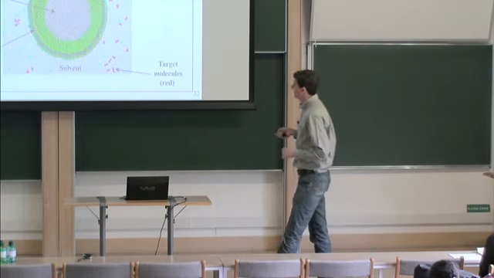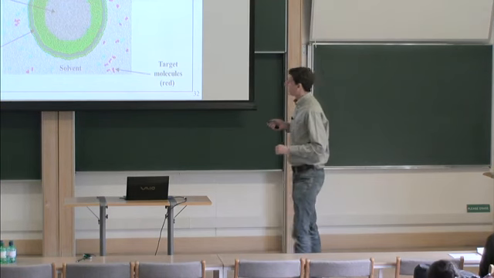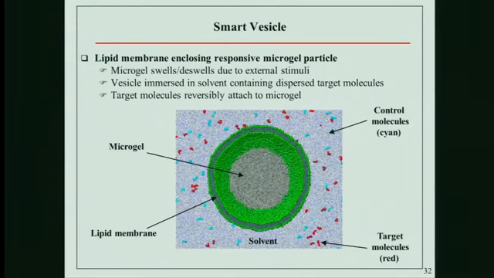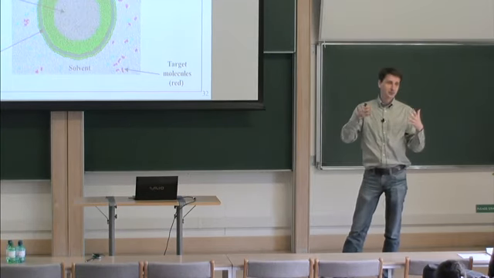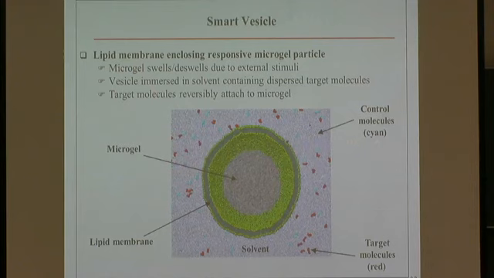So again, this is the idea of the vesicle. We have this gel inside and this lipid membrane outside. What we want to do is swell this gel so it expands and fills this volume, creates pressure or stretches the membrane, which breaks and creates a pore.